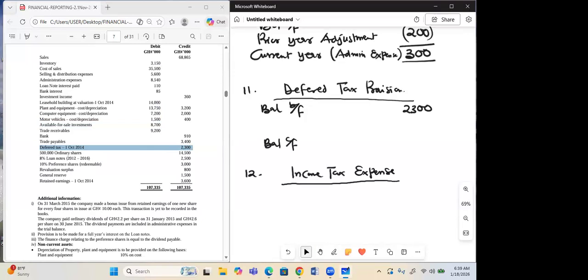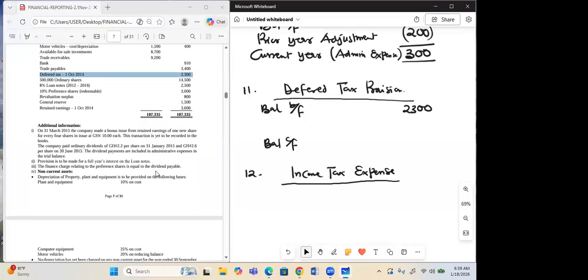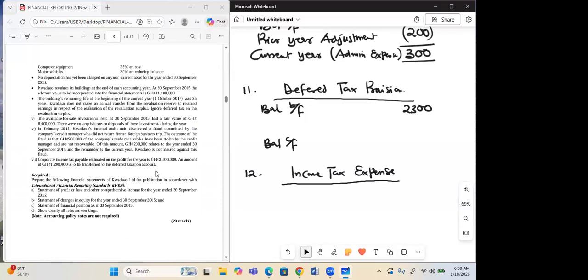Balance carry forward. So the temporary difference, where will you see it? In the footnote, let's go there. Corporate income tax payable estimated on profit is 3,500. An amount of 1,200 is to be transferred to the deferred tax account. It means they've given us the increase directly. Is that clear? So instead of giving us the temporary difference so that we'll know the closing balance, they didn't.